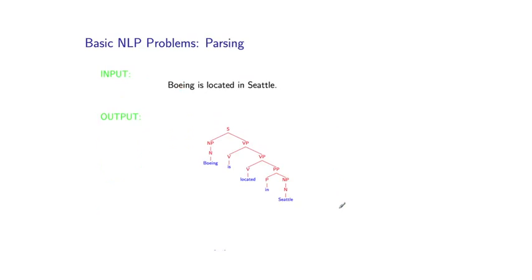Another basic problem in natural language processing is the problem of natural language parsing. This goes back to work in linguistics, going back to the foundation of modern linguistics with Noam Chomsky's work in the 1950s. The problem here is, again, to take some sentence as input and to map this to some output, which is usually referred to as a parse tree.